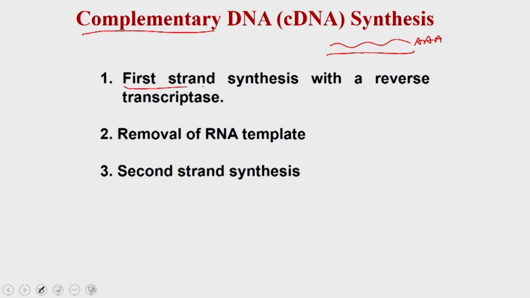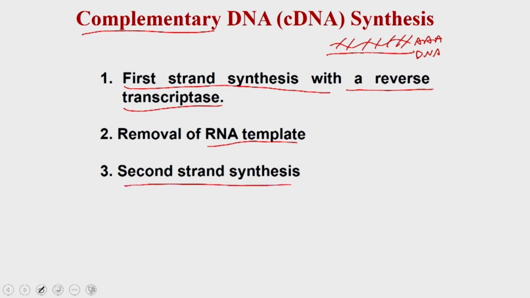In the first step, you will do a first strand synthesis of the DNA, which is the reaction which is going to be catalyzed by the enzyme called reverse transcriptase, and then you will remove the RNA templates, which means you are going to degrade the RNA, and then you will induce the second strand synthesis, and that is how you are going to get the double stranded DNA for subsequent cloning reactions.